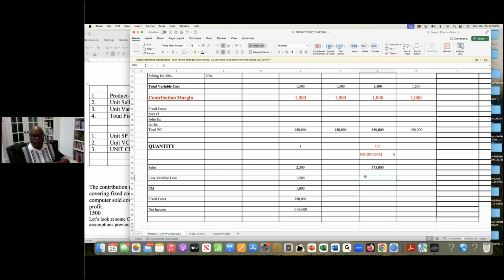What's my cost going to be? A similar formula, right? Equal the 150 times the 1,500, which is 225. The contribution margin in dollars is going to equal sales minus the variable cost.